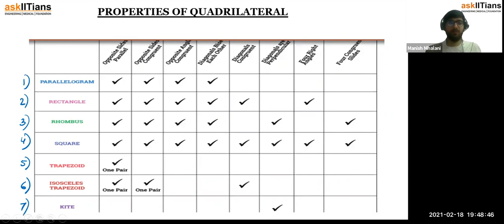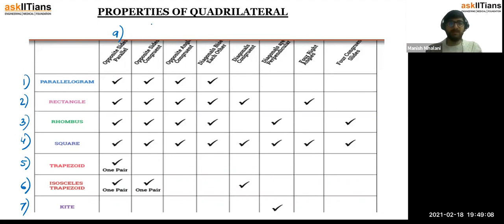Starting with the properties, property A is opposite sides parallel. In a parallelogram, rectangle, rhombus, square, all the opposite sides are parallel, except in a trapezoid and isosceles trapezoid, where only one pair of opposite sides is parallel, right? So that is why we have a tick mark here.